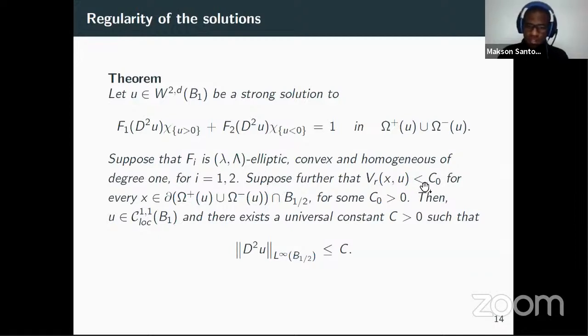We suppose that we can control the density of the negative set by c0 for every x in the interface and intersection B_{1/2}, with some universal C0. And then we have that U is C^{1,1} locally in B1, and there exists a universal constant C such that the L infinity norm of the Hessian in B_{1/2} is bounded by C.